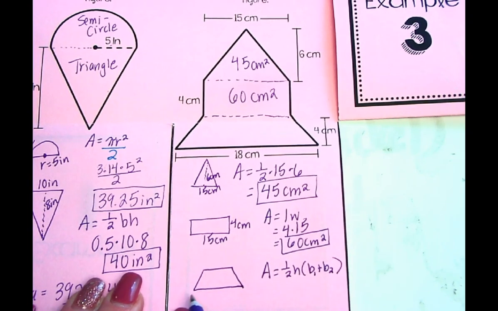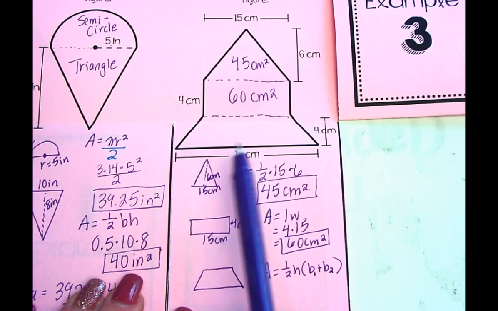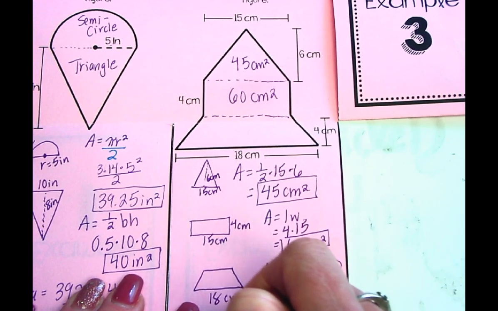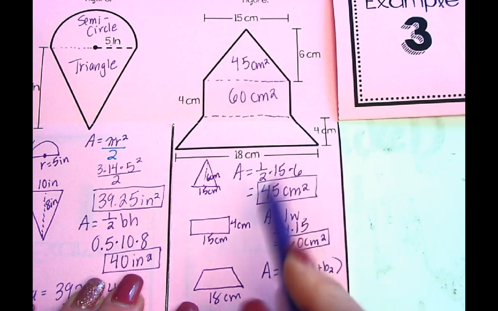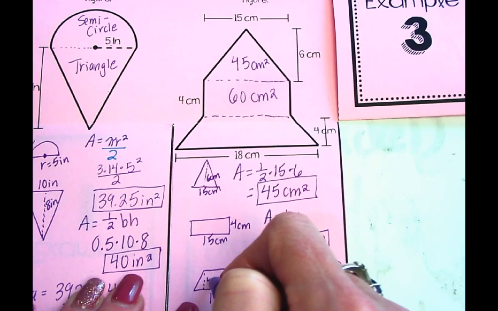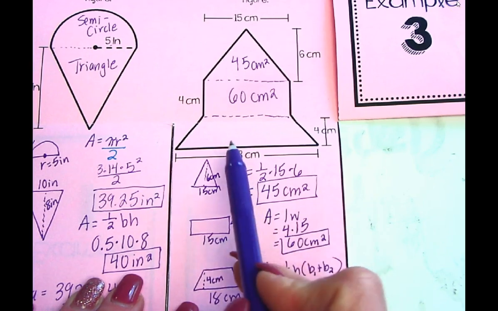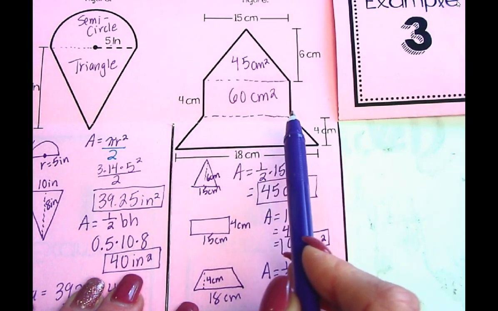So do we know the distance across the bottom, which would be our base 1? 18. Do we know the height of our trapezoid? It gives it to us right here, 4. And do we know the length of the second base? What do you think?